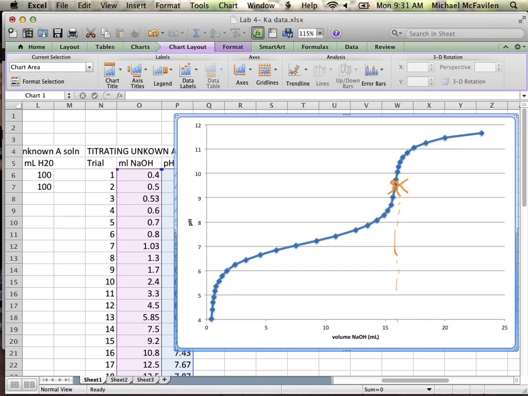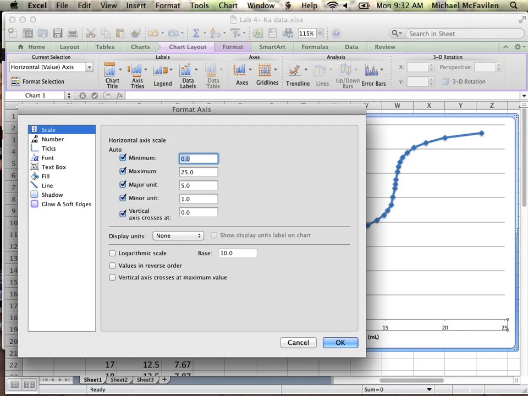Okay, so to do that, what we're going to do is change the axis values so that we can see just in this range, which means I only want to go from roughly 13 milliliters to, say, 18. So to zoom in on Excel, as stupid as it may be, we can set our minimum value to be 13 milliliters, our maximum, what did I say, 18? 18.